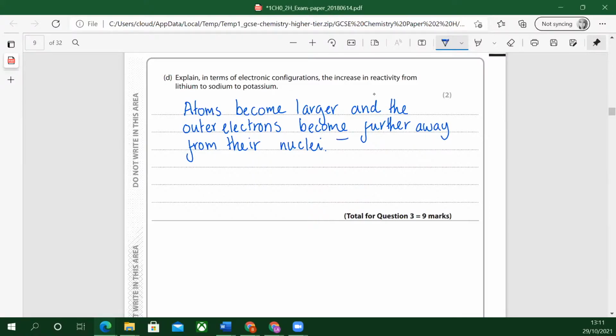This means they are lost more easily, or they're more easily lost, it doesn't matter which way around you write that, and more reactive. Okay, that's why. Next question.